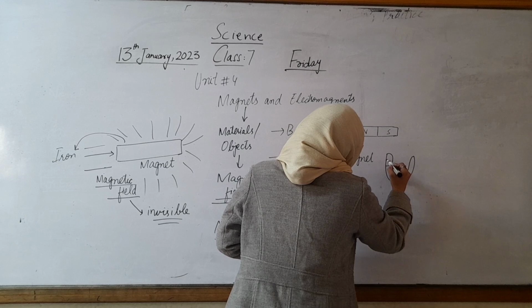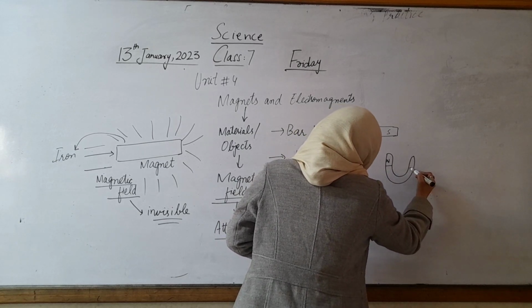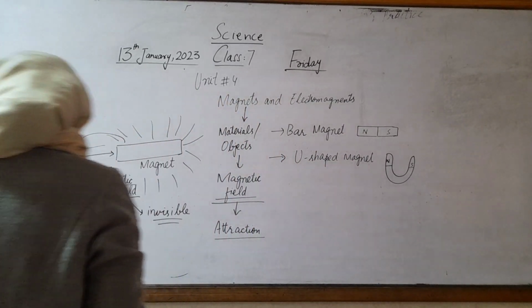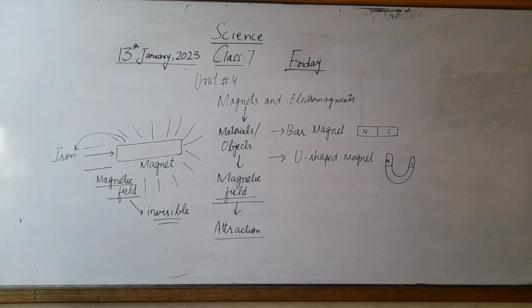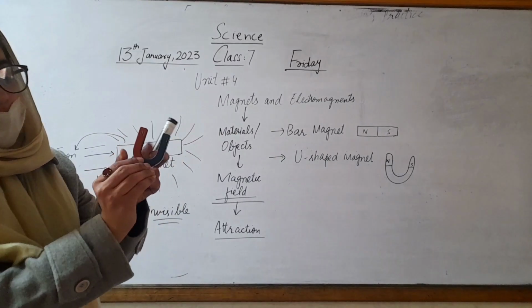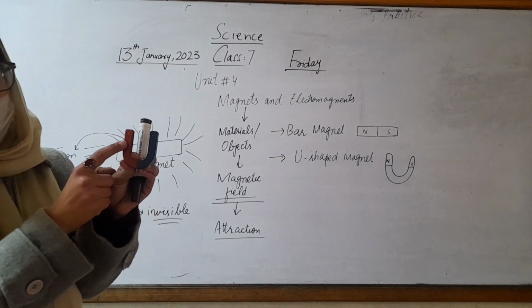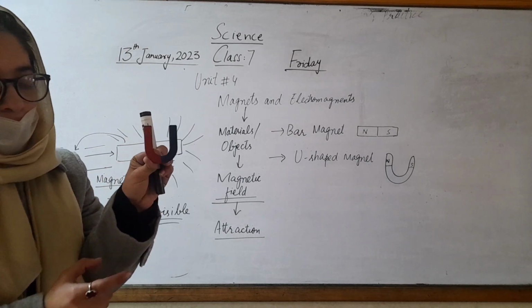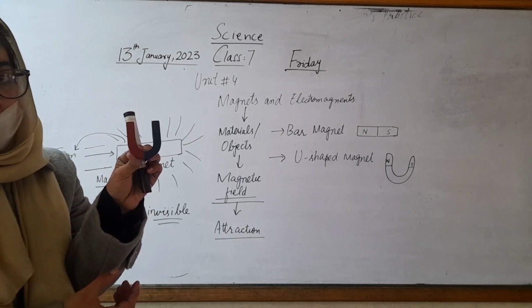The first end is north and the second one is south. You can observe the bar magnet and U-shaped magnet. Here you can observe the U-shaped magnet having two poles. The red one is north and the blue one is south.